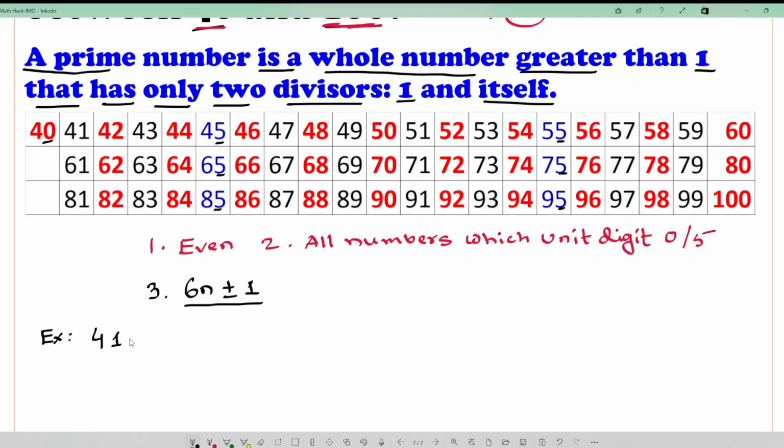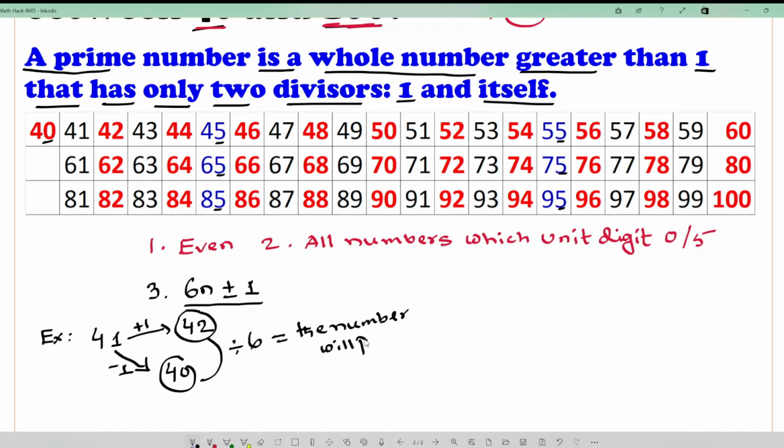It means if we add 1 to 41, it becomes 42, and if we subtract 1, it becomes 40. Now this 42 or this 40, any one, if divisible by 6, then the number will be prime. So look, 42 we can divide by 6, therefore this 41 is a prime number.